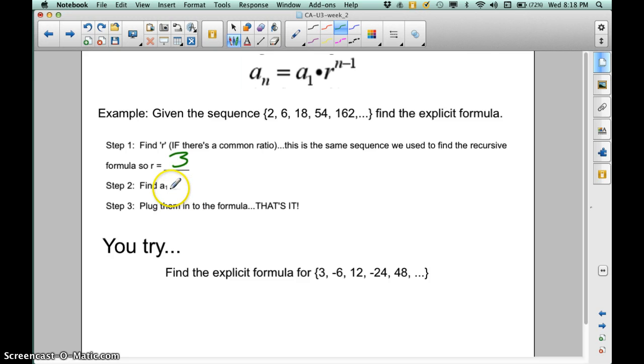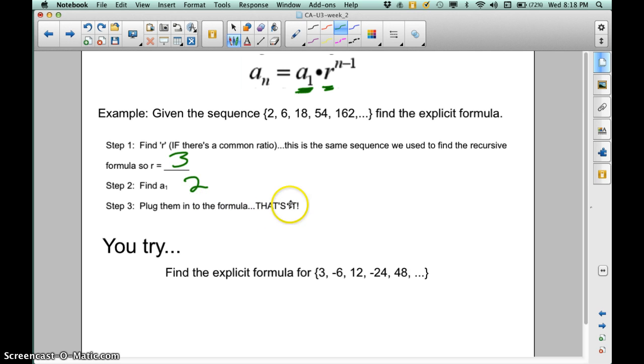The second step, we can see in our formula we need R and we need A sub 1. These are the two things we need. We only fill in the n if we're looking for a certain term, but if all we're doing is writing the formula, just like with arithmetic, where we filled in A sub 1, the first term, and D, here the only things we fill in are A sub 1, the first term, and R. So A sub 1, the first term, is 2.